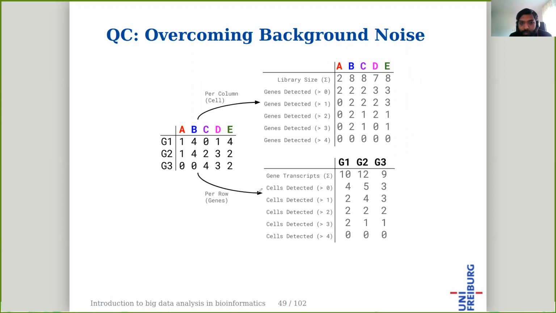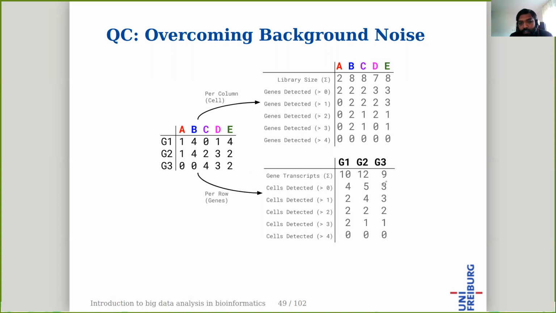And we do similarly for the rows, that is along the genes. So we have genes here, G1, G2, G3. Now we count the number of transcripts per gene among all the cells. So for G1, it is 10, the sum of these reads, and here it's 12, and here 4 plus 3 plus 2, it's 9.